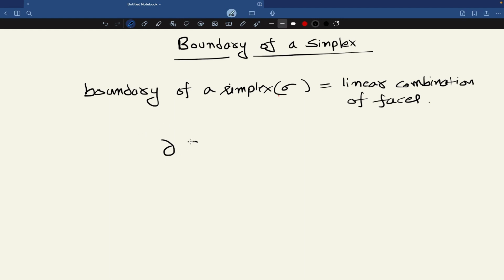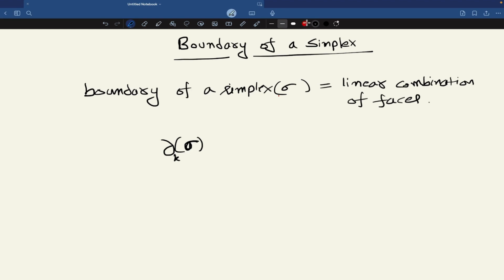So for the simplex sigma, this is the notation of boundary, and we also write small k in subscript to denote that this simplex is defined from vertex v0 to vk.